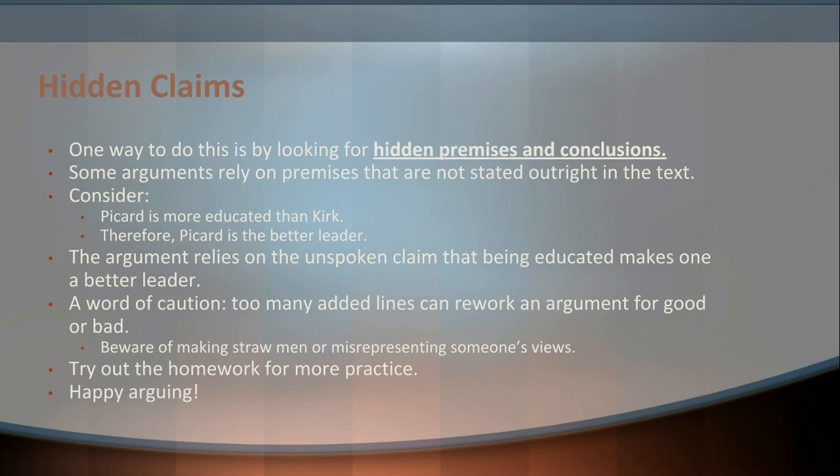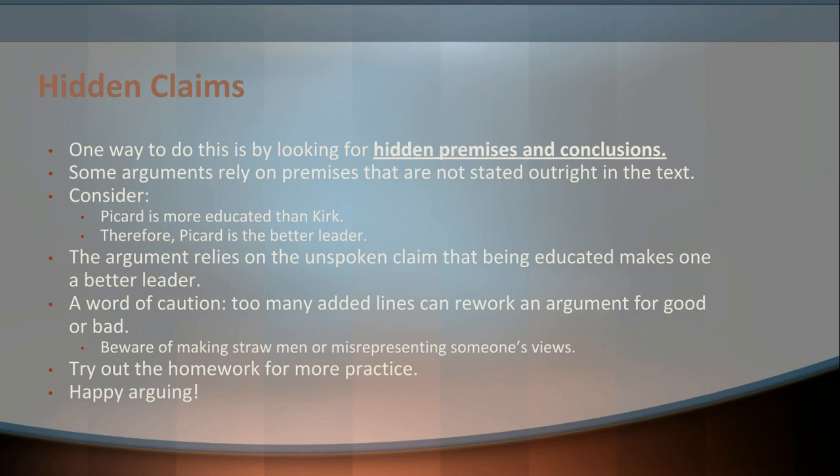And in this case, there is. This argument with Picard and Kirk relies on the unspoken claim that being educated makes you a better leader. If we assume that that was what the author meant, then we can easily fill in the gap between premise and conclusion, and now it makes a whole lot more sense.